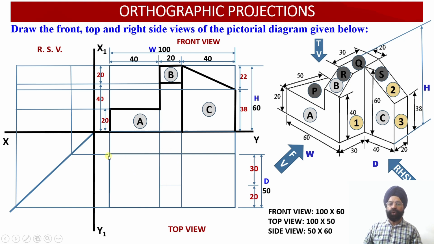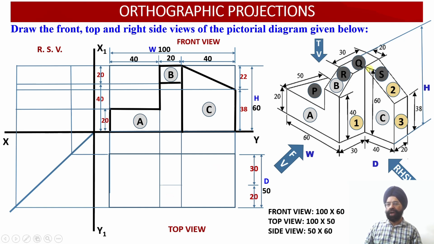Number two, true shape of the surface P has been obtained. And apparent shape of the surface R has been obtained. Once I draw this projection line over here, this is the apparent shape of this rectangular surface R over here. So this will be projected as a shortened view.